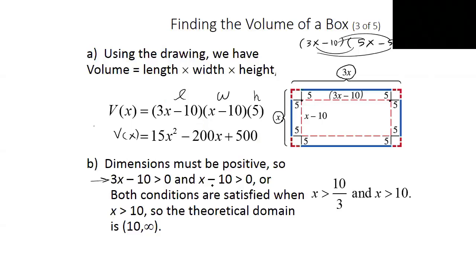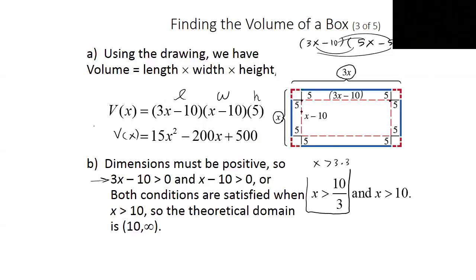From there, you can solve for x by adding 10 to both sides of the inequality, and then dividing each term by 3. That would be one restriction right there. x has to be greater than 10 over 3, which is approximately 3.3.